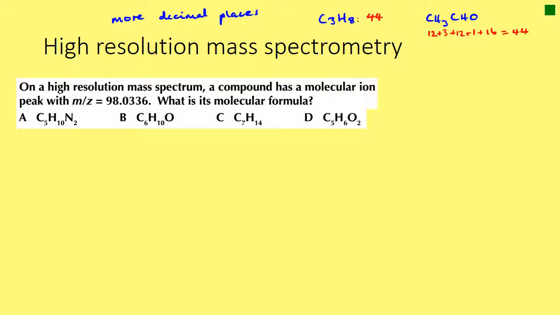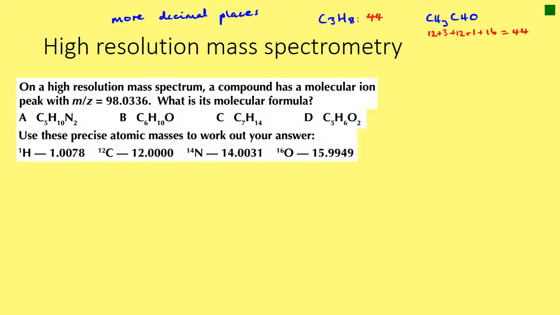Well, what we have to do is work through them one by one. But we need the data first. So for hydrogen, we know it's 1.0078 to those 4 decimal places. And we're given carbon 12, nitrogen and oxygen as well. Okay, so for A, we're just going to work out A first.